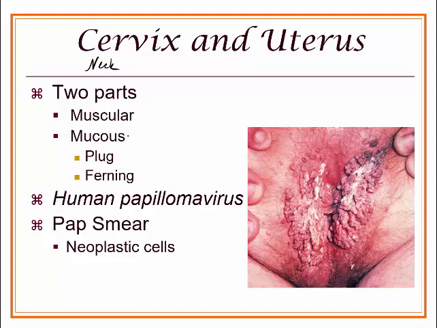But then there is also a mucus or mucosal layer, and the mucosal cells are going to secrete what's called a mucus plug. That mucus plug is present throughout the menstrual cycle. Its thickness changes throughout the cycle.